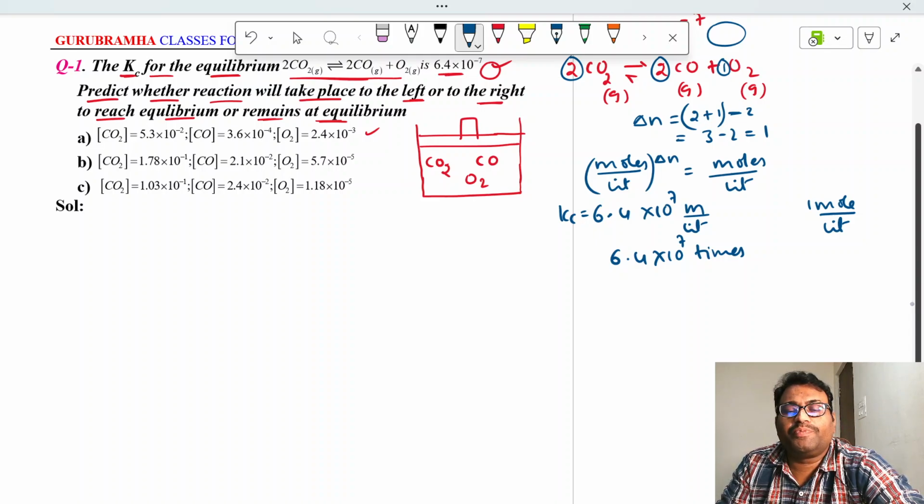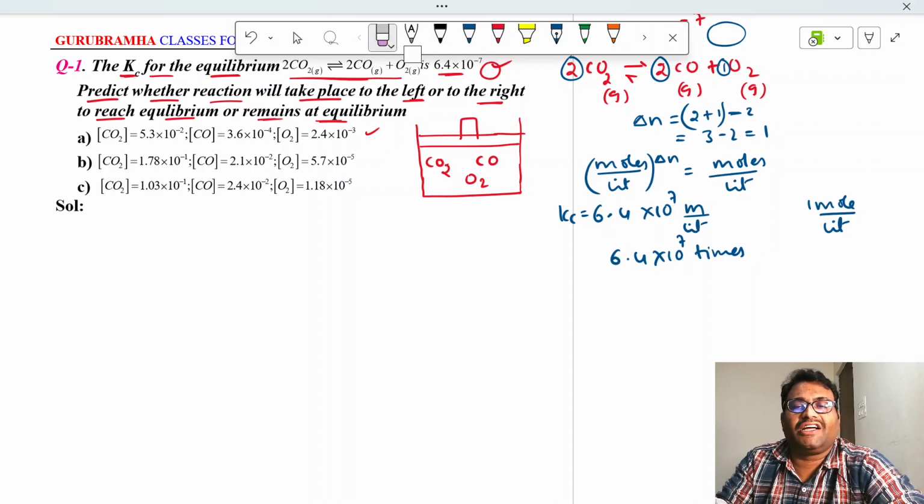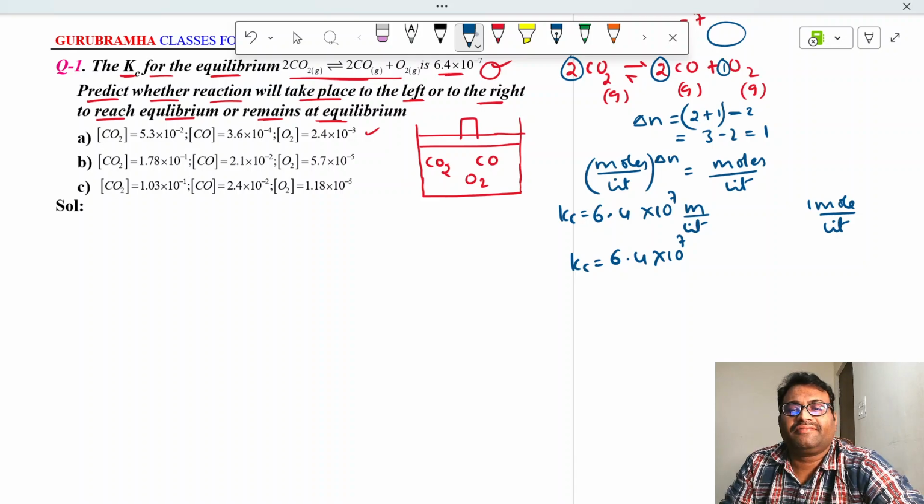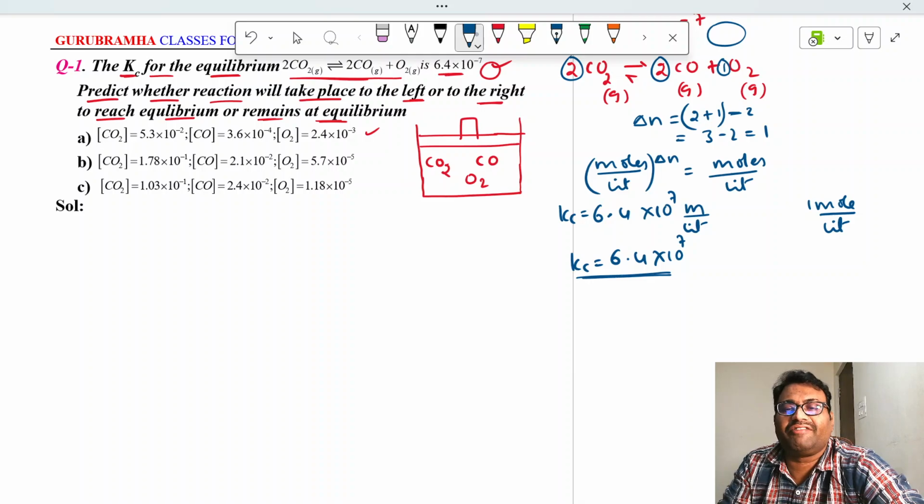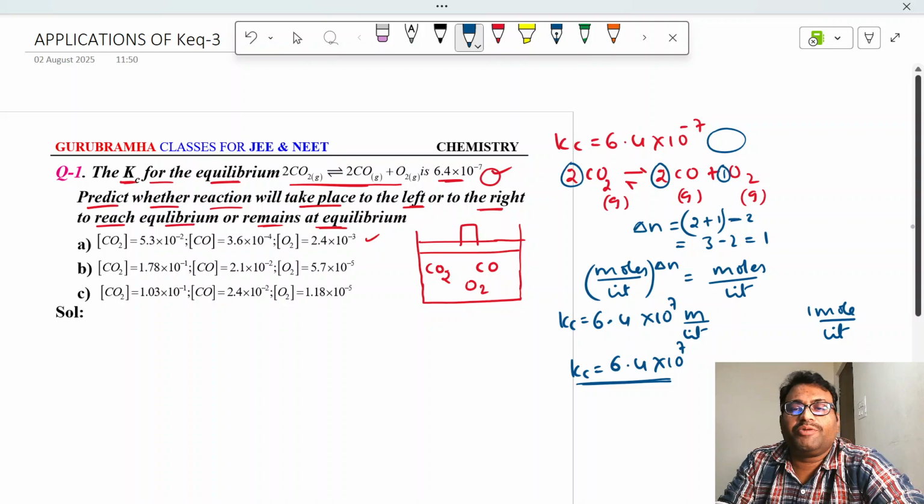So simply we can consider Kc as 6.4 into 10 power 7. This is one way of understanding it. That is the reason why the units are not given: it is compared with 1 mole per liter. Hope you understood. Okay.